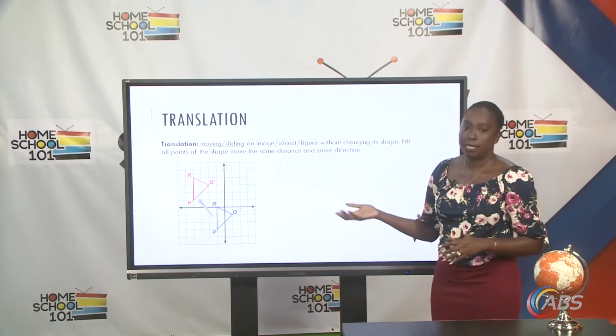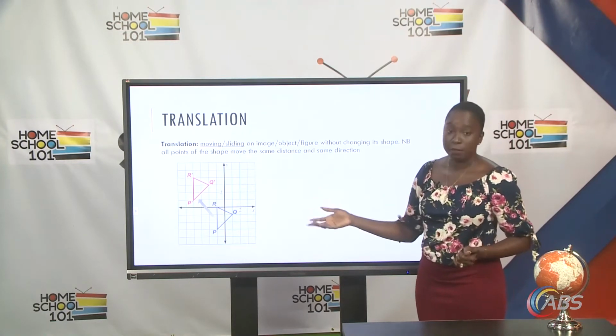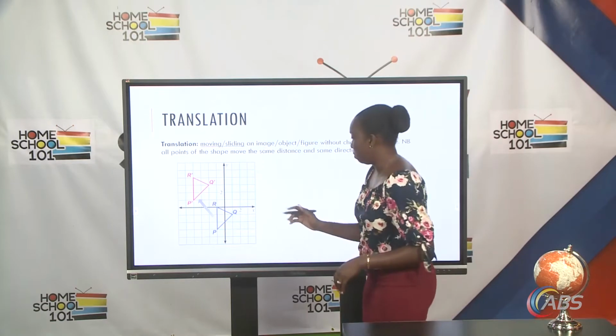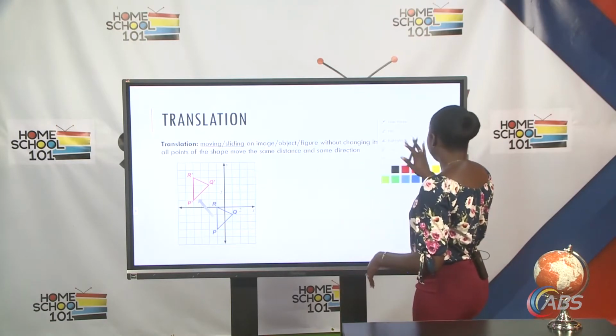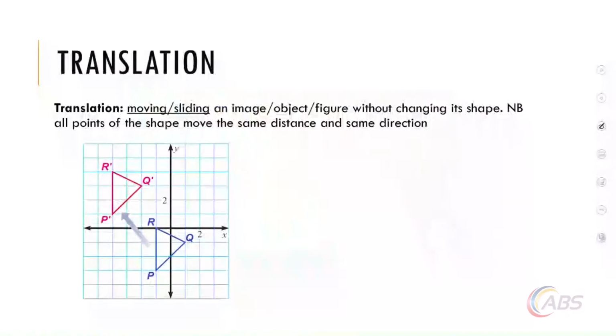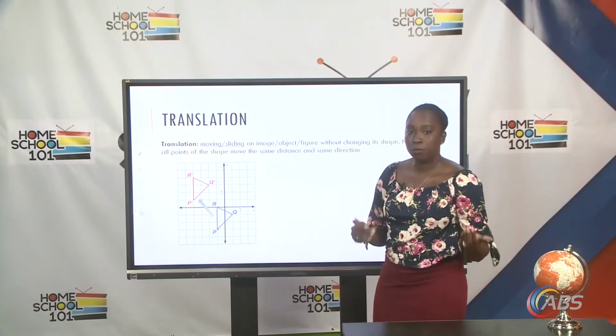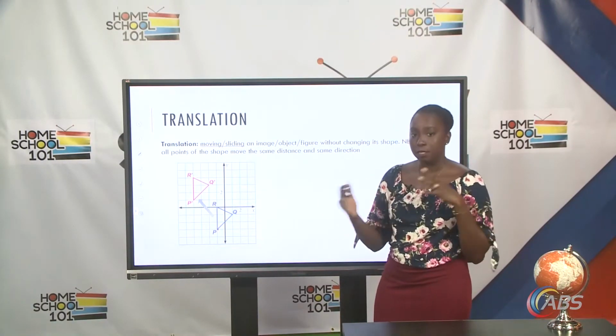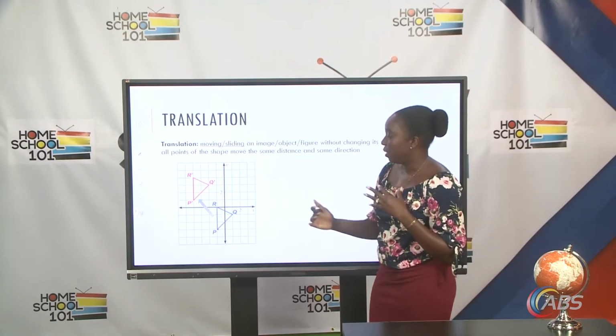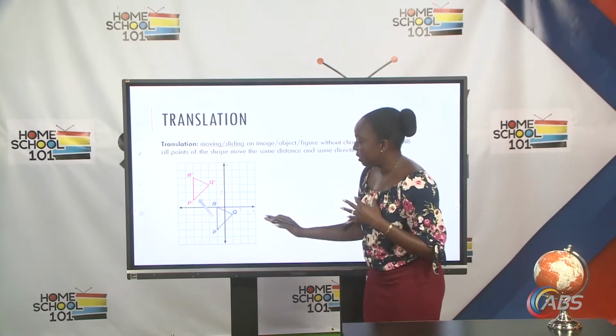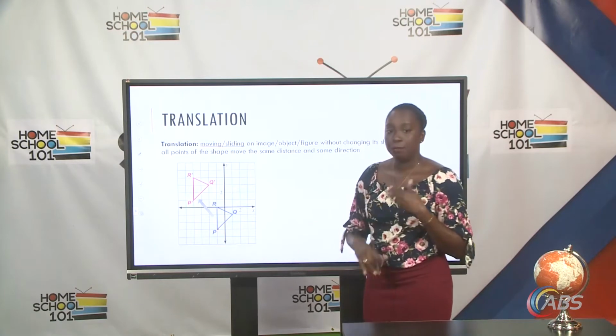So when we're doing translation, if we choose any point on the object, so let's just choose P. So if I choose P, I need to know what point that is. P is here, and I need to get to P prime. How do I move? I need to move left or right first, okay? So based on where it is, it's telling me to get to P prime, I move left.